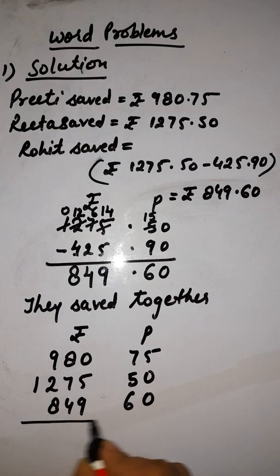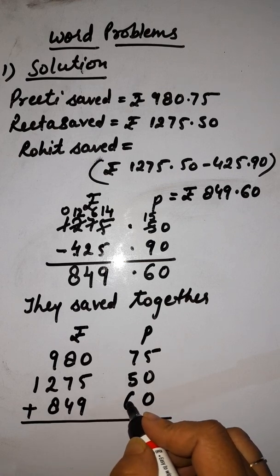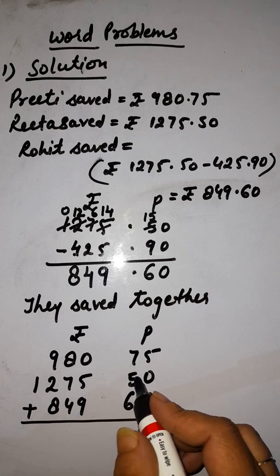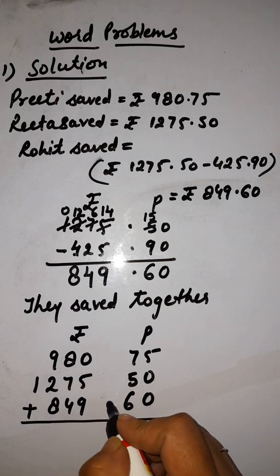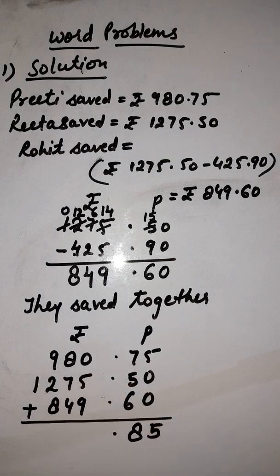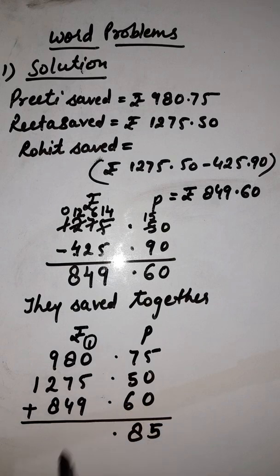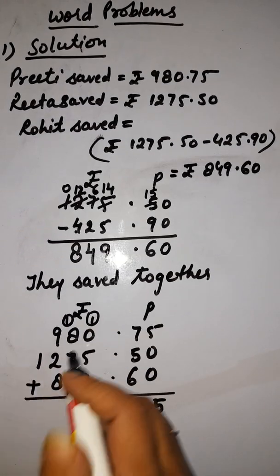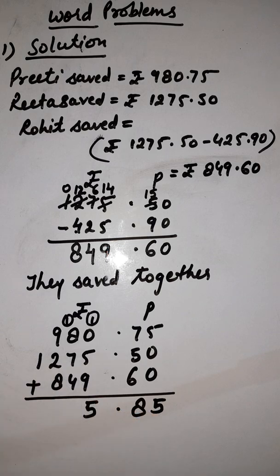Okay, now we'll add here 5, 6 plus 5 is 11, 11 and 6, 11 and 7 is 18. So we'll write here 8. This is the decimal point. We'll put the decimal point here and 1 carry over there. 9 plus 1 is 10, 10 plus 5 is 15, 1 carry over there. 8 plus 1 is 9, 9 plus 7 is 16, 16 plus 4 is 20.